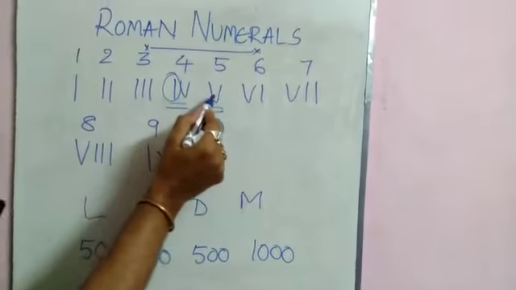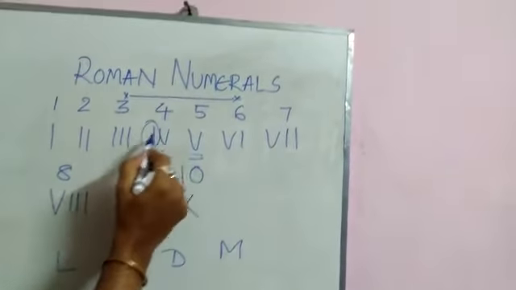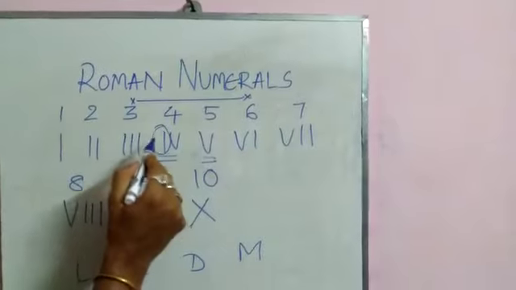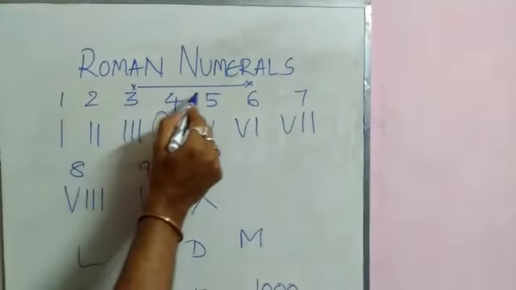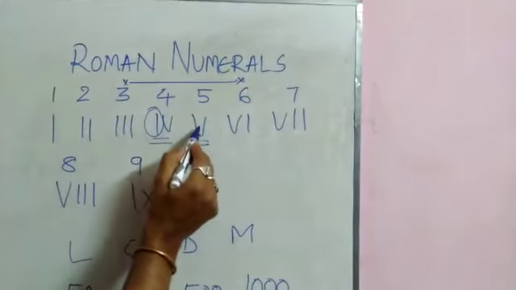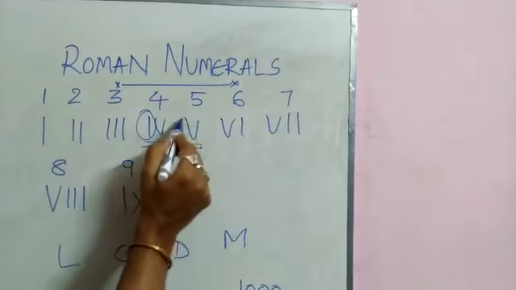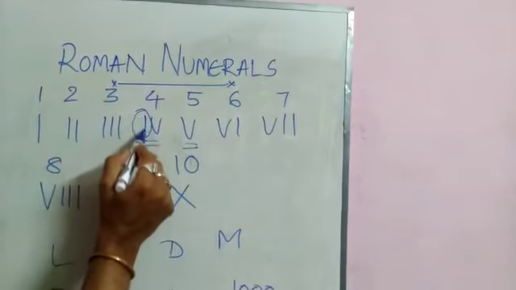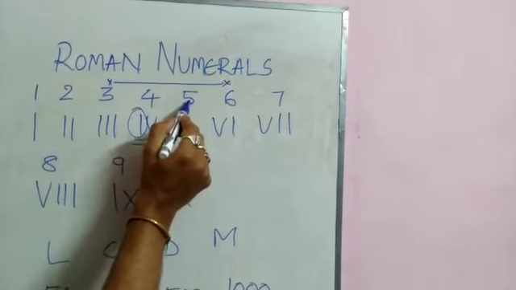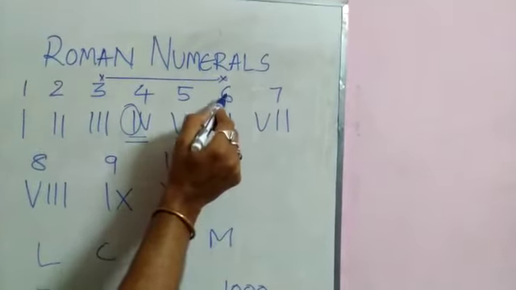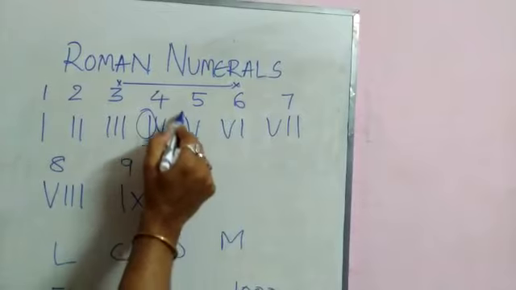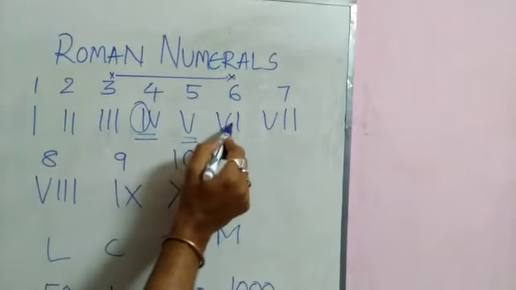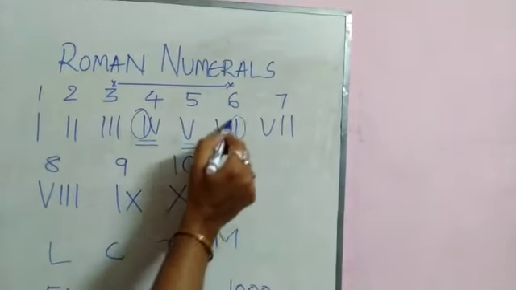Then after 5 what happened? In the previous lesson we have learned 4 is the predecessor of 5. That means from 5 you have to subtract 1, therefore this 1 has come. After 5 the successor is 6. That means after 5 you put 1 here, then it will become 6.